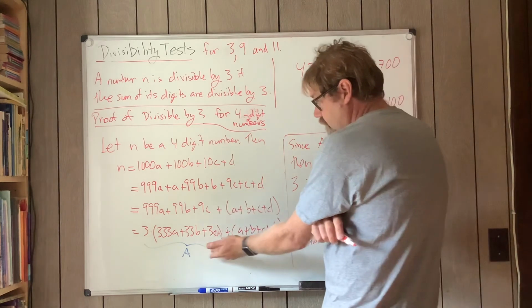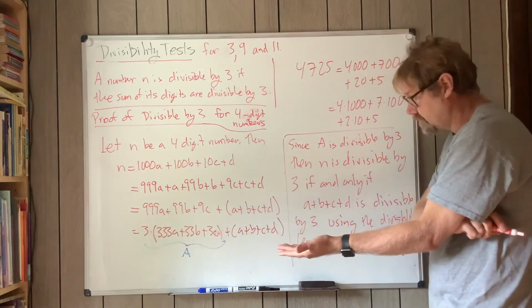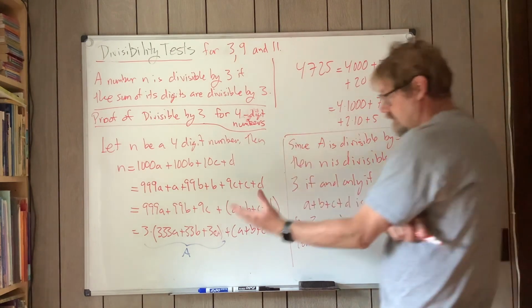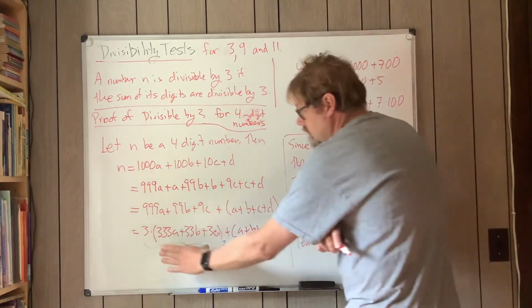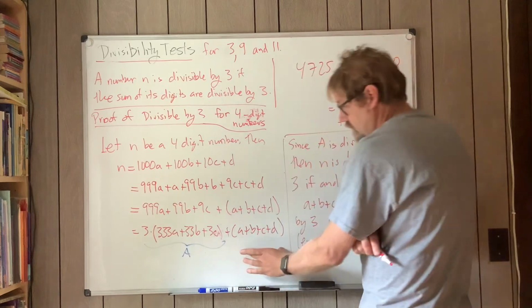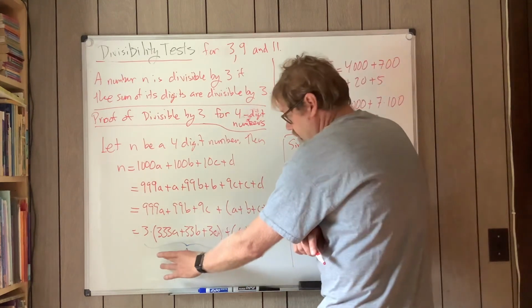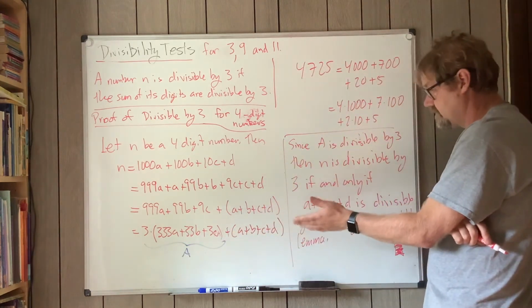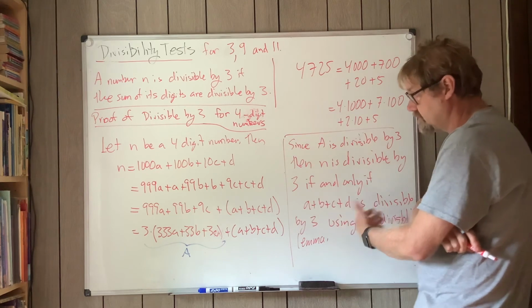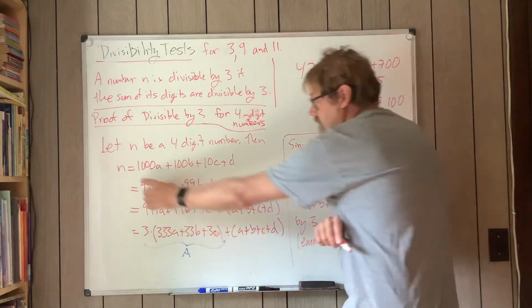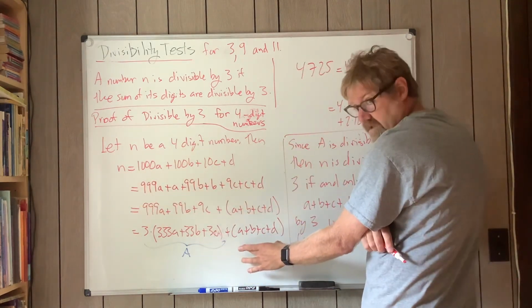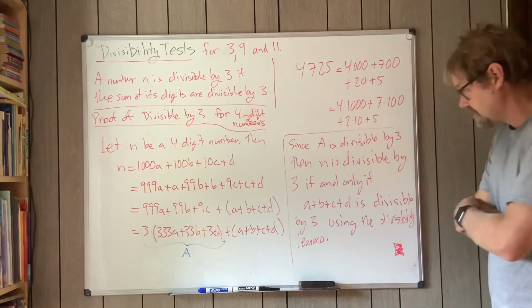And then what I'm left with is automatically a multiple of 3. Okay, then I've got 2 numbers. I'm writing my number n as 2 numbers. One of them is exactly divisible by 3. And so by the divisibility lemma, we basically know that n is divisible by 3 if and only if this is divisible by 3.